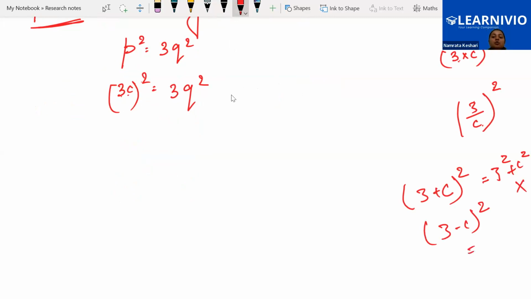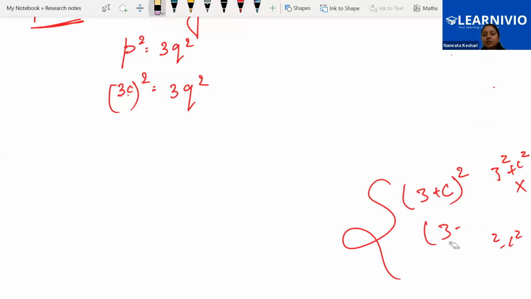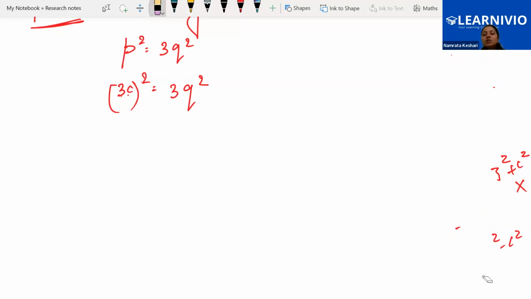They also write 3 square minus C square, which is not true. For these two cases we have to apply the identity. But when we have multiplication and division, we can directly distribute the powers. So here also we will be distributing the power. 3C whole square, can you tell me what we will be having? Please tell me, anyone.